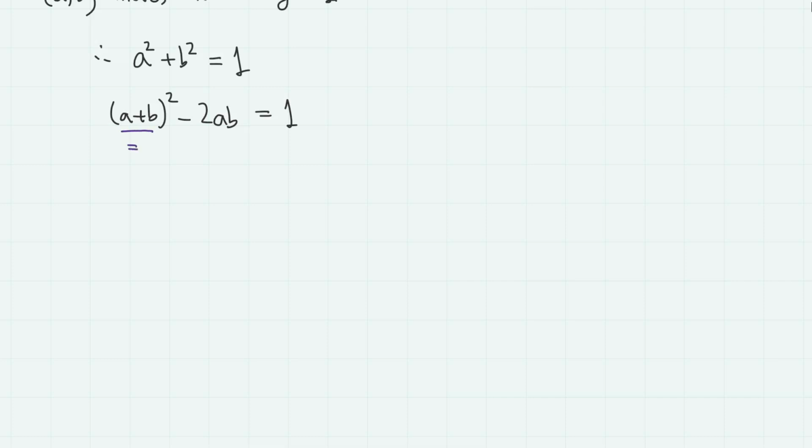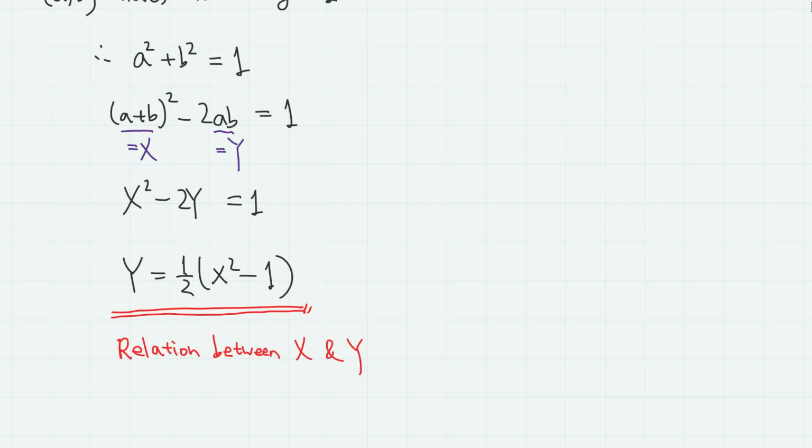And this a plus b is capital X and this ab is capital Y. So we can change this equation into X squared minus 2Y equals 1. If we solve for Y, we have Y equals 1/2 times (X squared minus 1), which is the relation between X and Y. So this is the equation of the locus, which is a parabola.